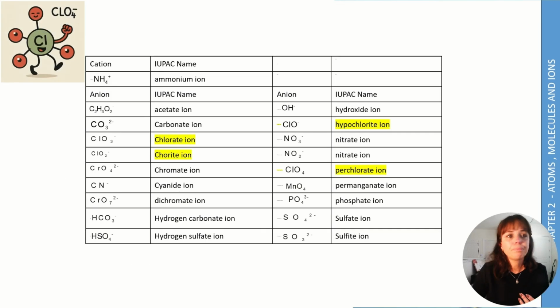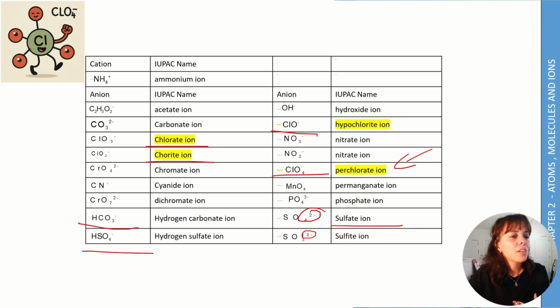The one my video was covering was perchlorate ion. Here I have a hypochlorite ion, chlorate ion, chlorite ion. I have a sulfate ion. You need to pay attention to the charges over here. This charge is for the whole polyatomic ion. So I have a hydrogen sulfate ion, hydrogen carbonate ion, all those ions, okay?